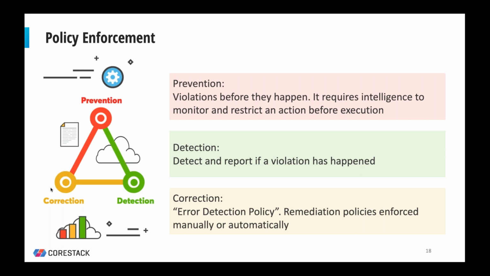So if a violation occurs where someone deployed a resource and encryption wasn't enabled, we could automate that process. That would not stop them from what they were doing. However, it makes sure that we're following regulatory requirements. So again, it's PDR: prevention, detection, and resolution or correction.